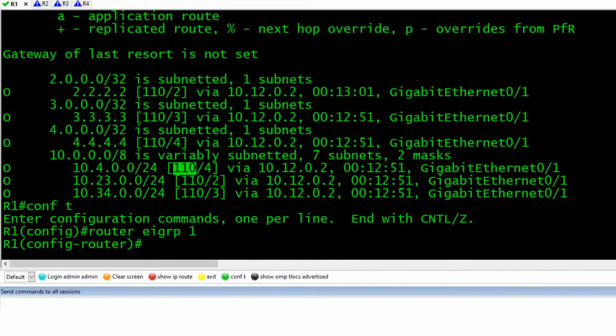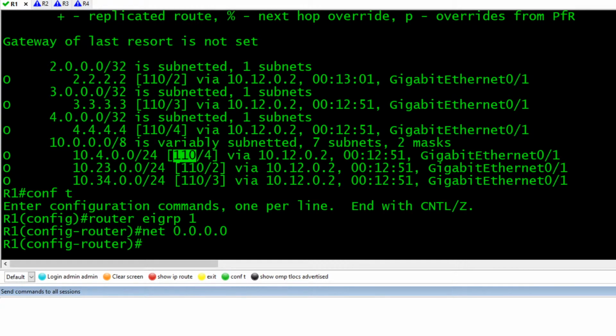So if you do router EIGRP 1, which is an autonomous system number, all the routers who want to join the party have to be part of EIGRP autonomous system 1. And to add all the networks in, we're going to type in network 0.0.0.0. And then if that's working, we should have some neighborships that are coming up.